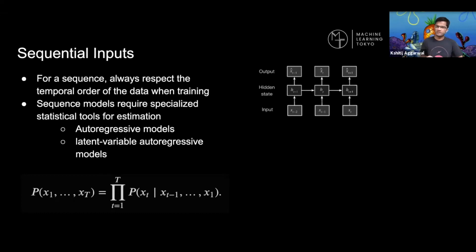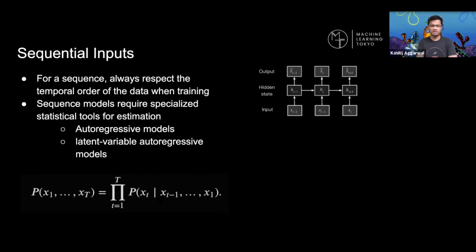Sequence models require specialized statistical tools for estimation, like autoregressive models and latent variable autoregressive models. Autoregressive models are models which use some of the previous values of the inputs to predict the next value, and then using that predicted value, they make a prediction on top of that.